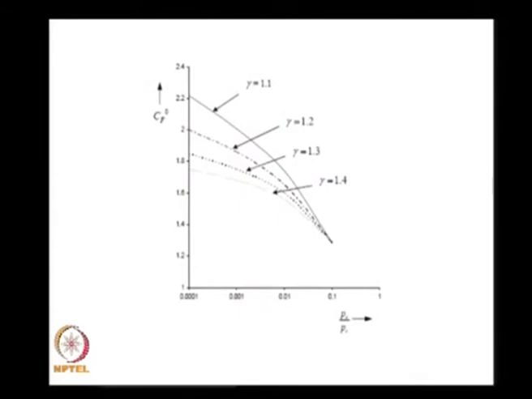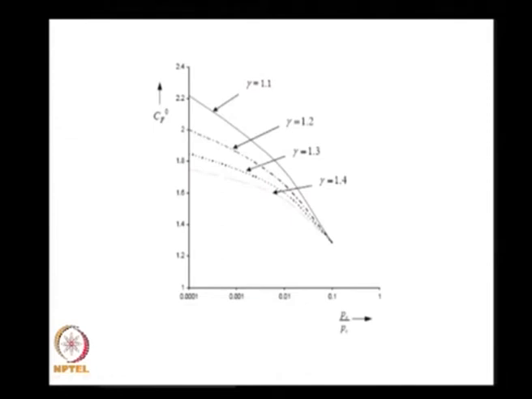What do I find? As I increase the value of Pc by Pe, that means over here the value is Pe by Pc, I have higher expansion ratios, higher value of Pc over here, lower values of Pe over here. As I increase the value of Pc by Pe, I get a higher and higher value of CF, and the values which are realizable are around 2.4, 2.5, and you find that a lower value of gamma gives me a higher value of CF than a higher value of gamma.